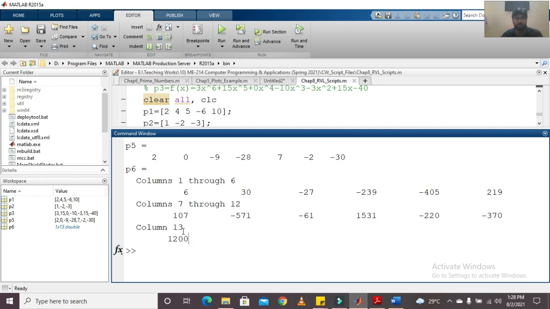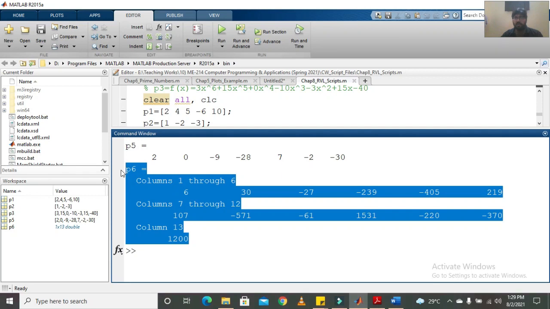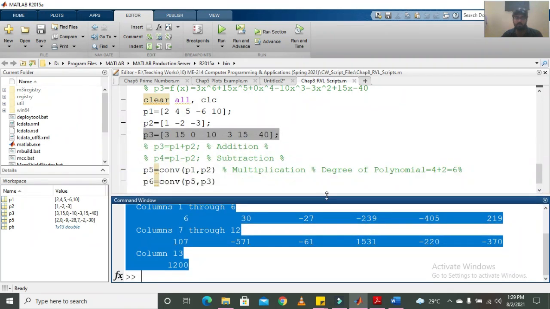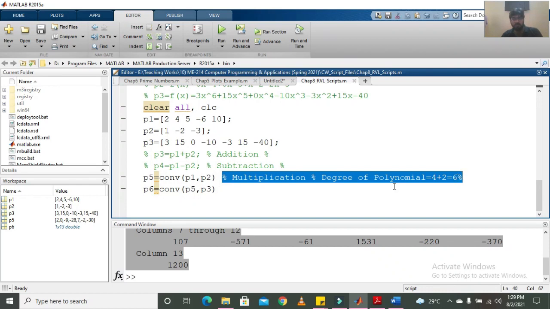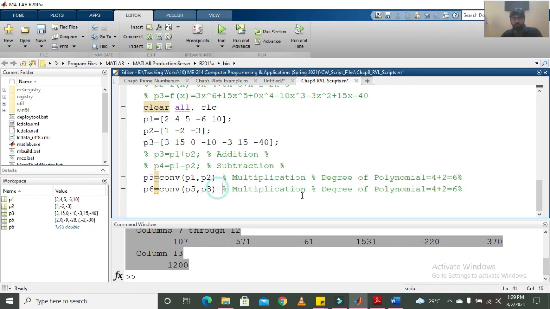Here you can see that there are 13 terms in this polynomial, which means it is a 12th degree polynomial, because the degree of P5 is 6, and the degree of P3 was also 6.